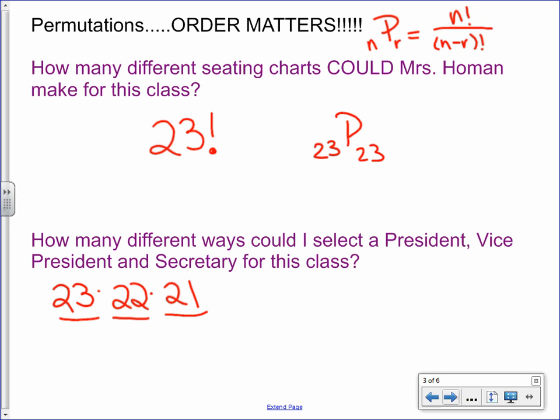Okay, you can think of it like this, or you can think of it as 23 permutations of 3. I'm taking 23 people and I'm choosing 3 where order is important. Okay, so what is this number?